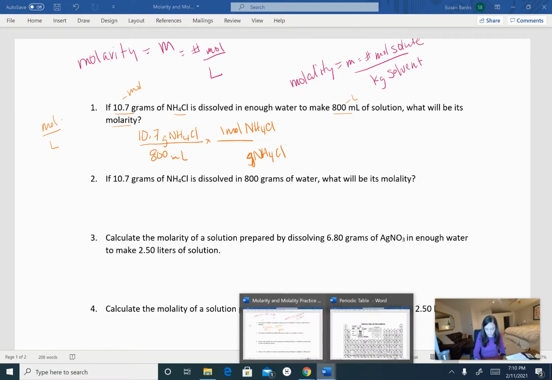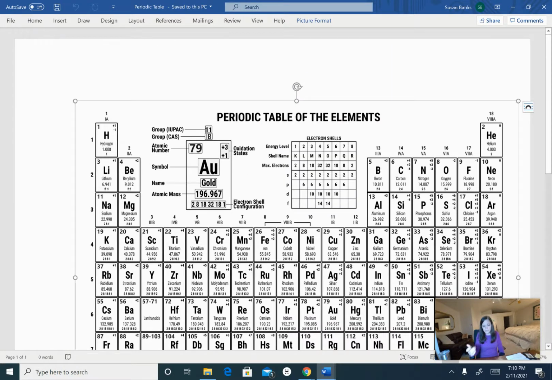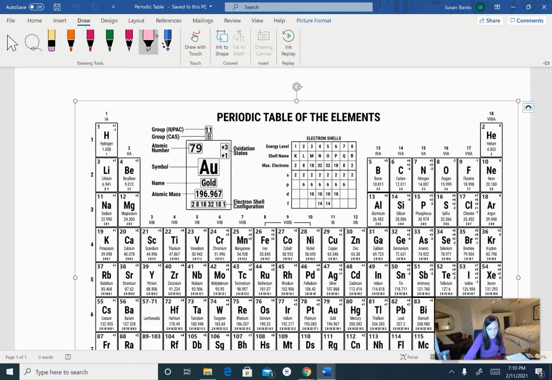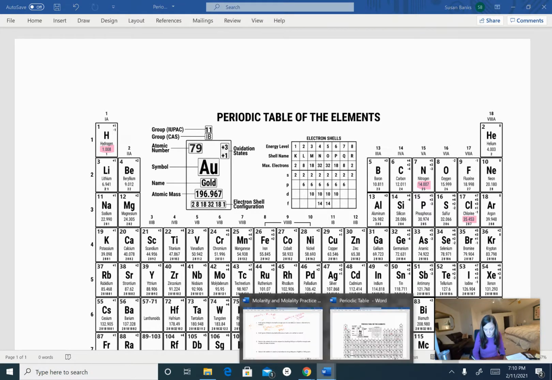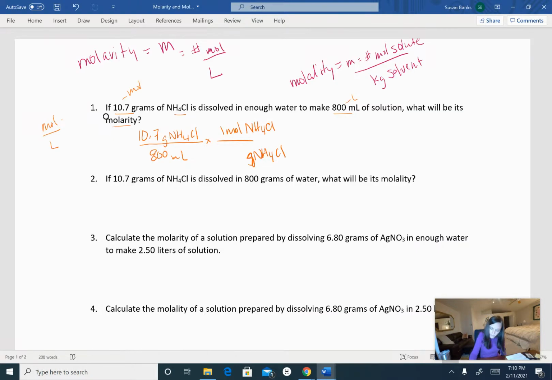So let's look at our periodic table. Remember, we're going to go to the tenth on this. So nitrogen will be 14.0, hydrogen will be 1.0, and chlorine will be 35.5. So let's add those up together.